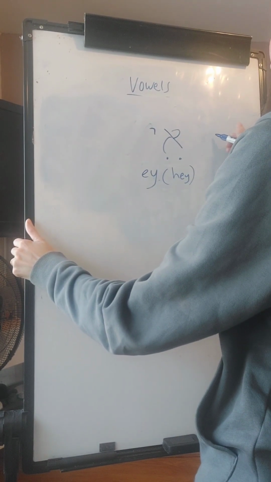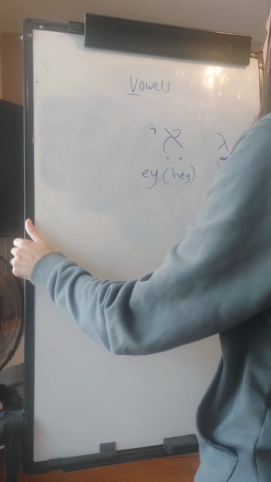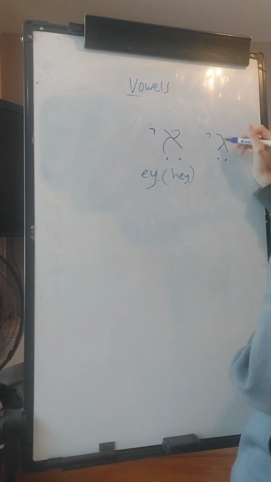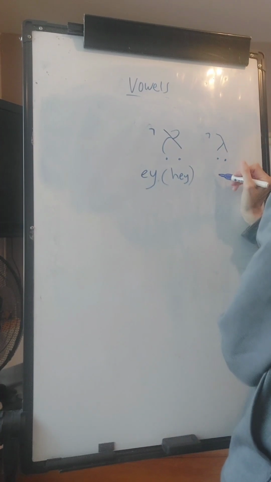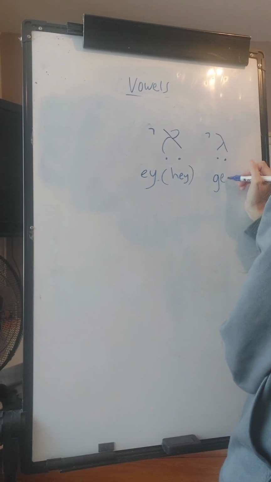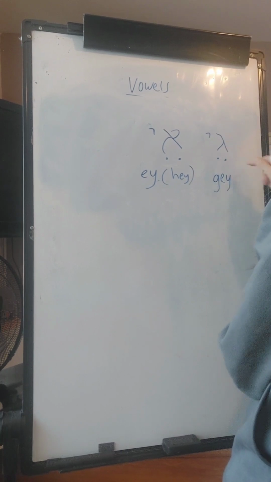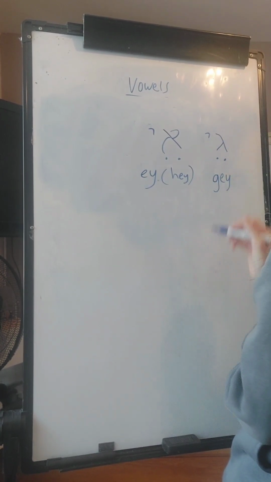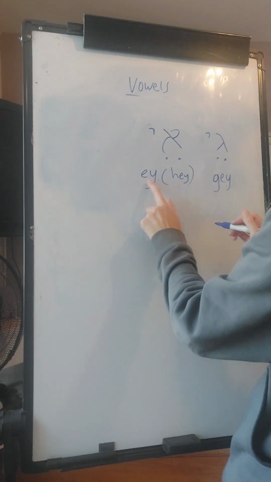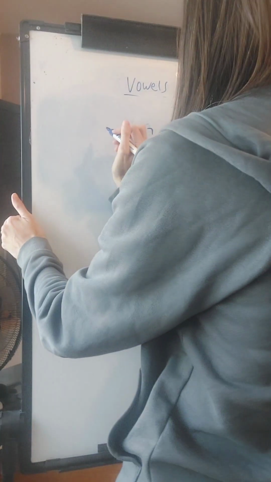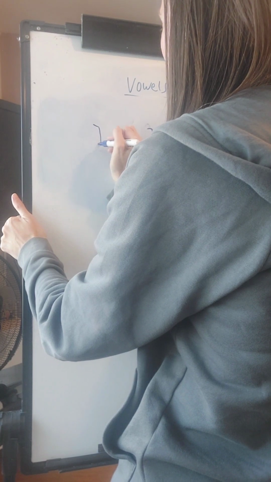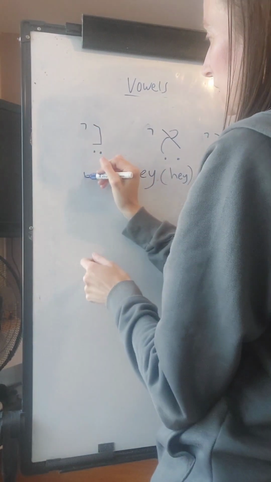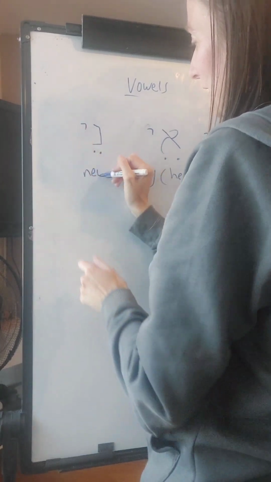So if we add gamel there, with 2 dots underneath on the Yud, or no matter what consonant's there, the sound of the consonant, the sound of the vowel, A: gay. So 2 dots with the Yud sounds as A. If we have the noon there, 2 dots on the Yud, it wouldn't be ne, it'd be nay.